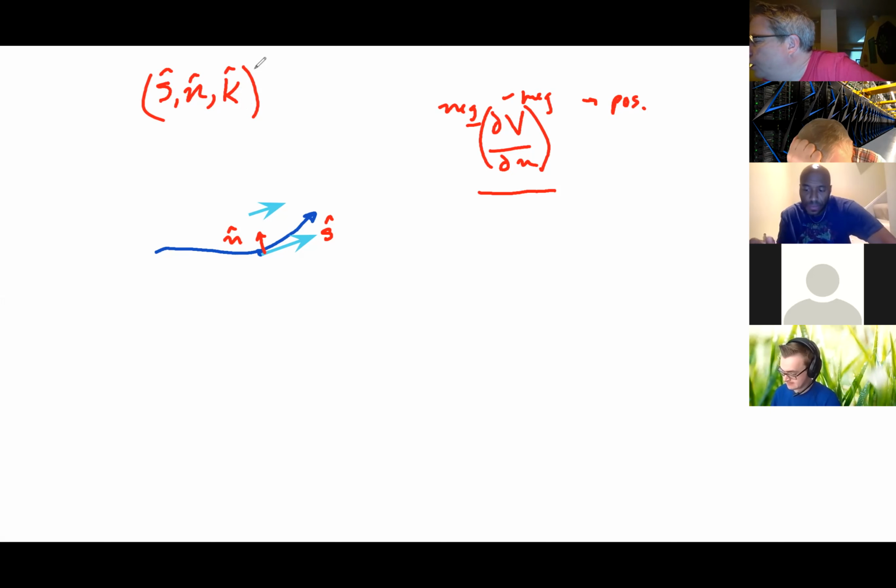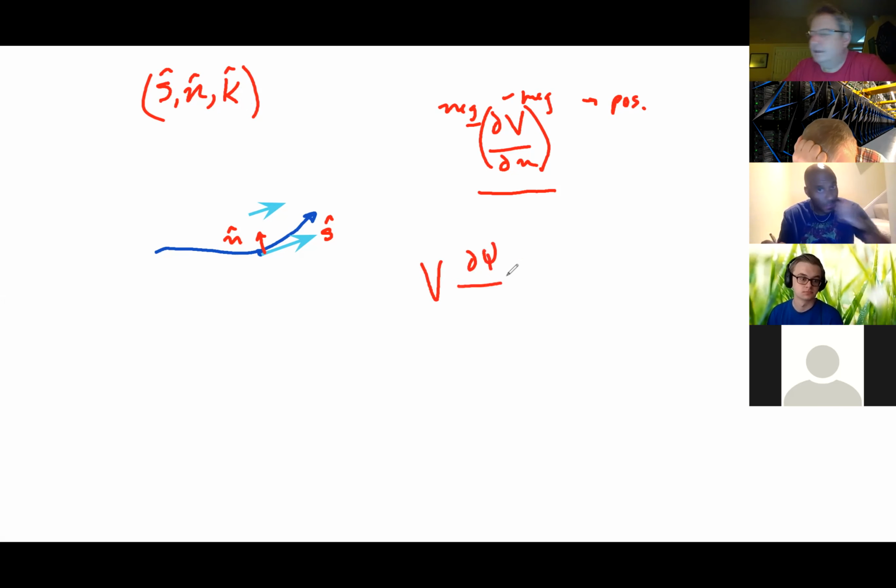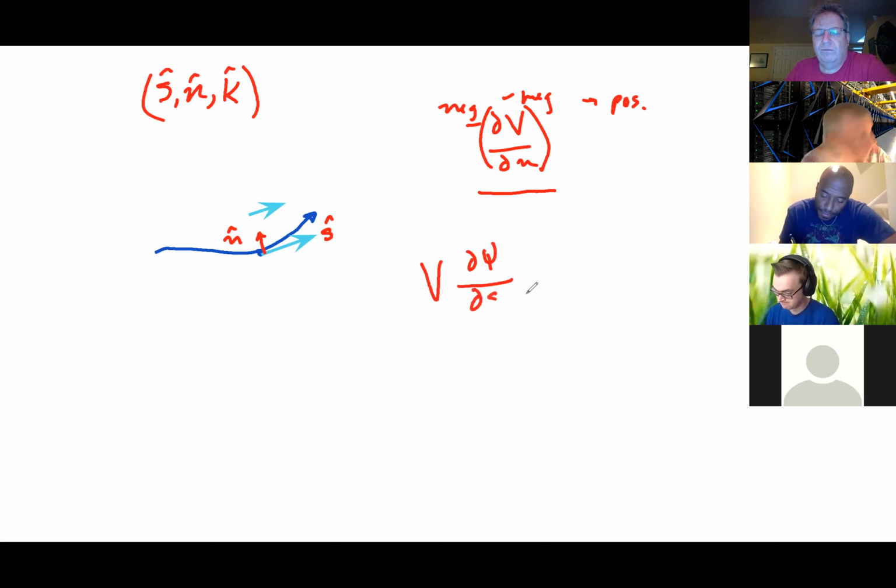Okay, so what is this next one where it says curvature? It's V d psi ds. First of all, let's look at units.